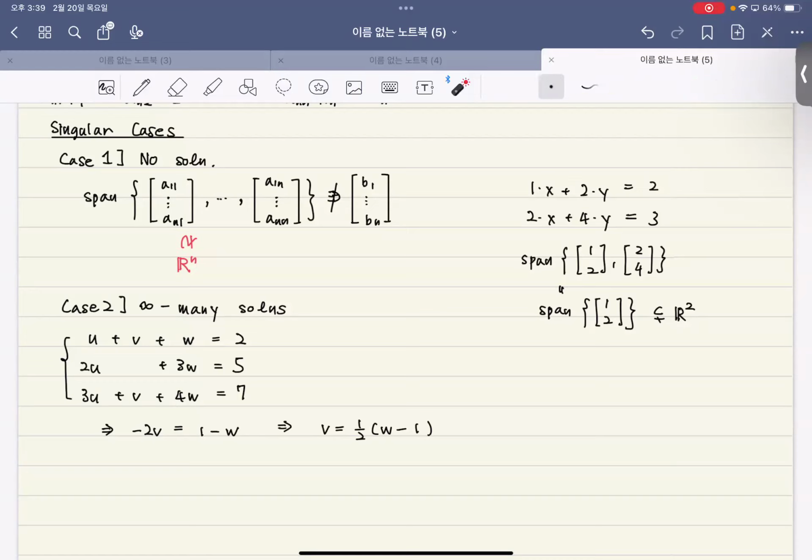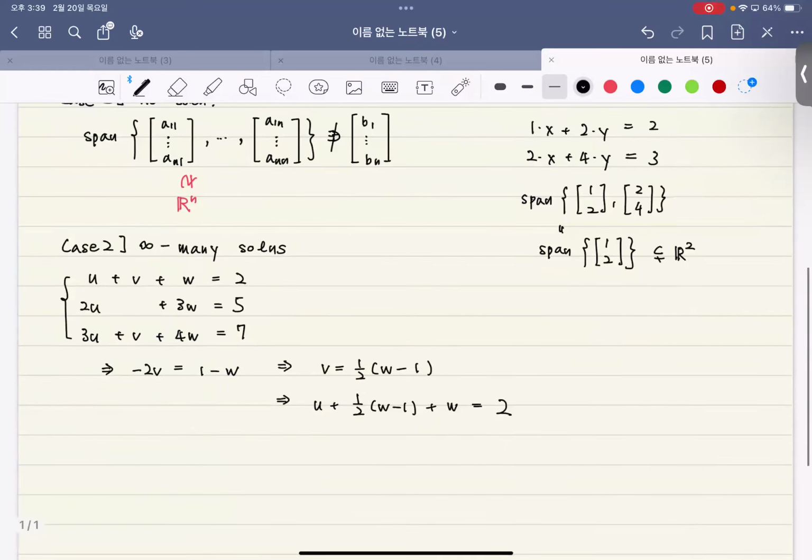Okay, all right. Now what? I will replace v by this expression. Then u plus 1/2 w minus 1 plus w is 2. Solving this equation for u, I should get -3/2 w plus 5/2.